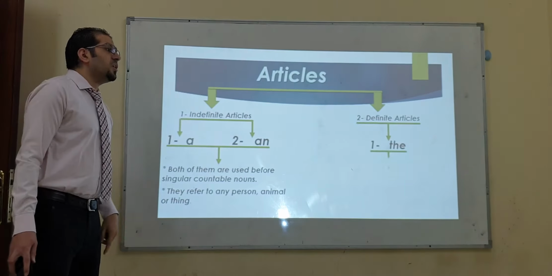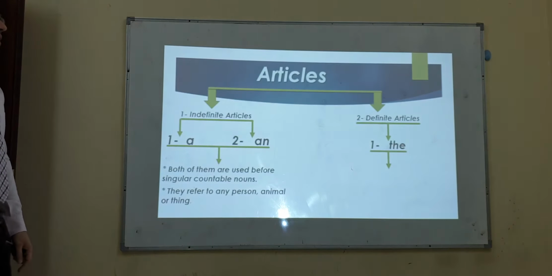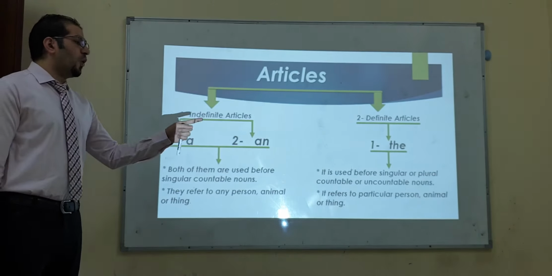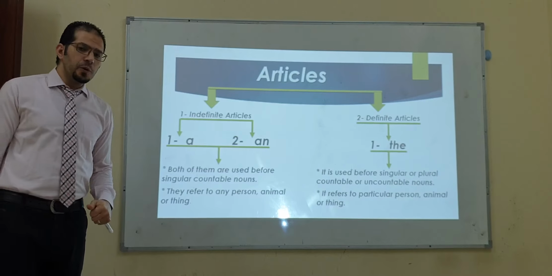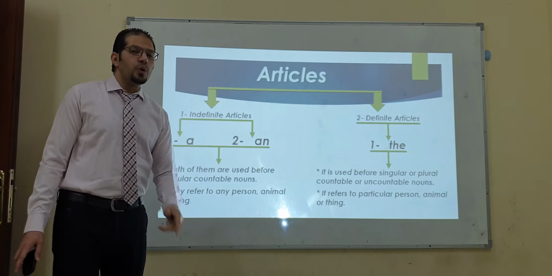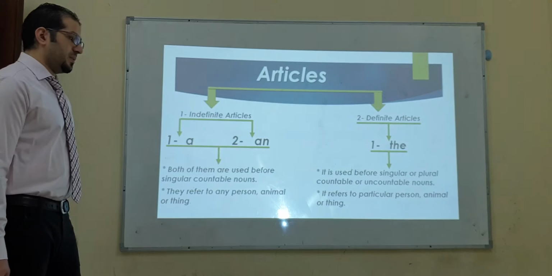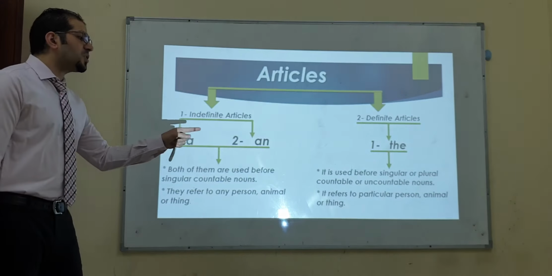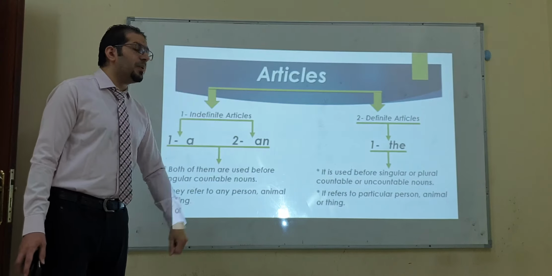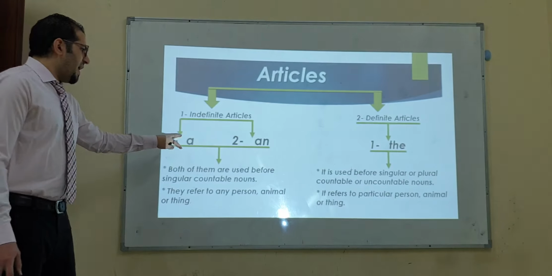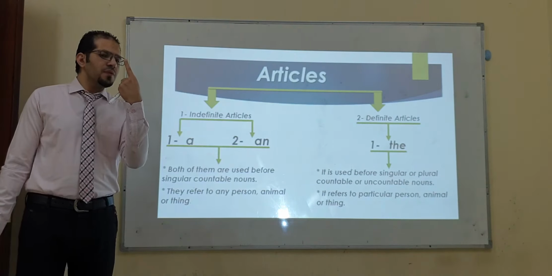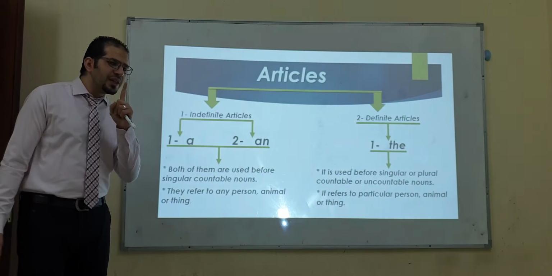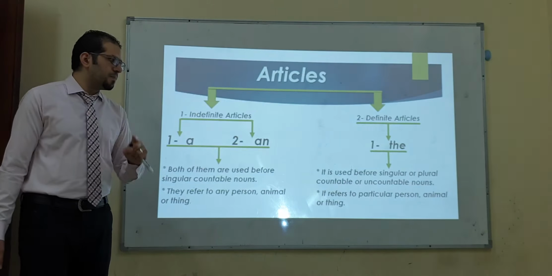But the is a different article that could be used for singular or plural, and for countable or uncountable nouns. It refers to a particular person, animal, or thing. So, a and an mean one, used before only singular countable nouns.